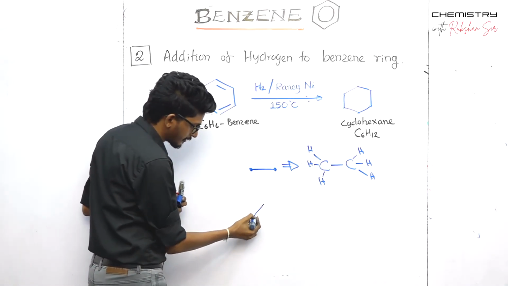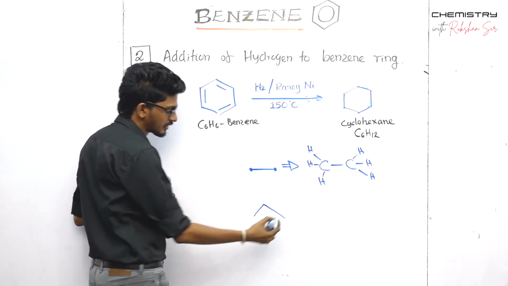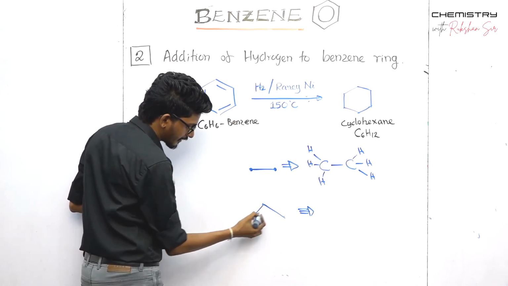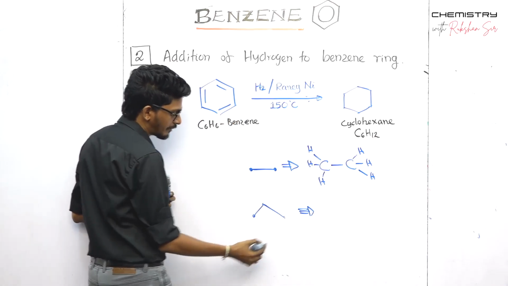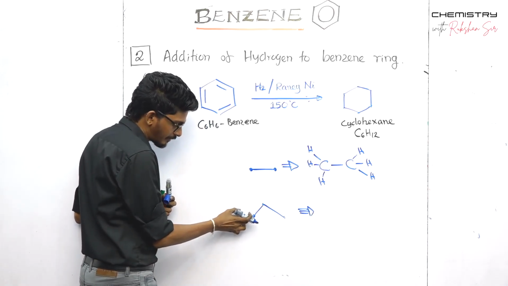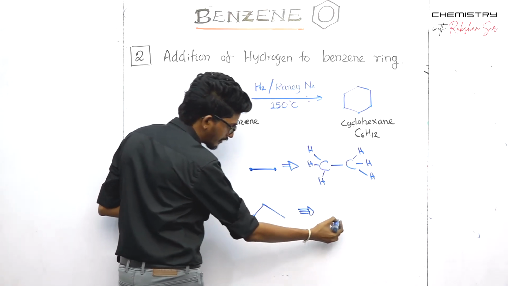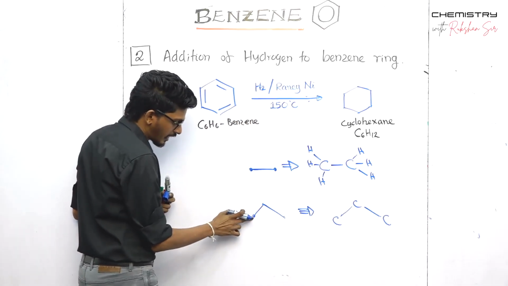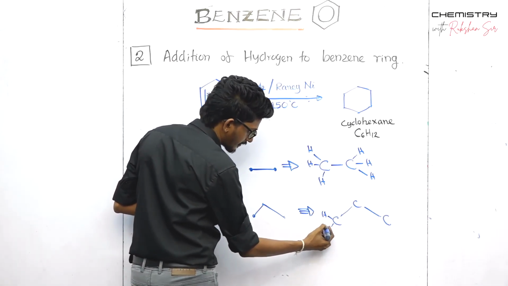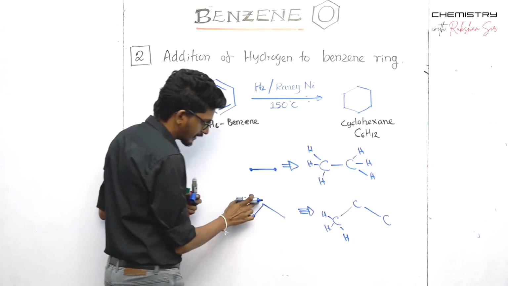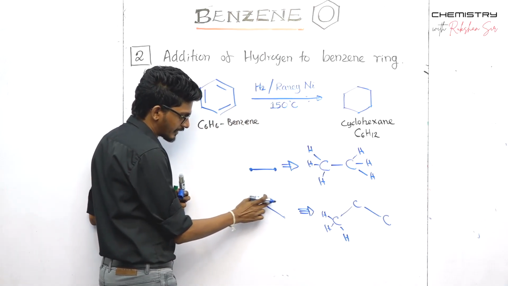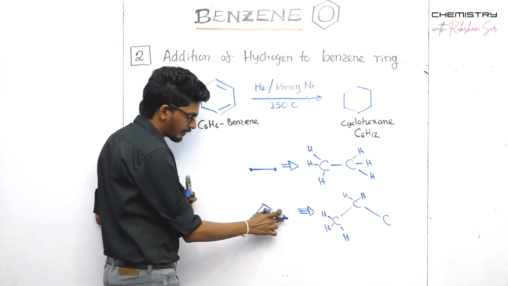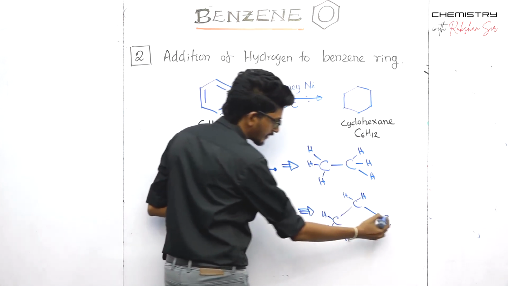So think of this kind of line structure. This means at these 3 points the carbons are appearing. With the first carbon you should have 3 hydrogens. The second carbon, to complete 4 bonds, you need another 2 hydrogens, and this carbon you need another 3 hydrogens.